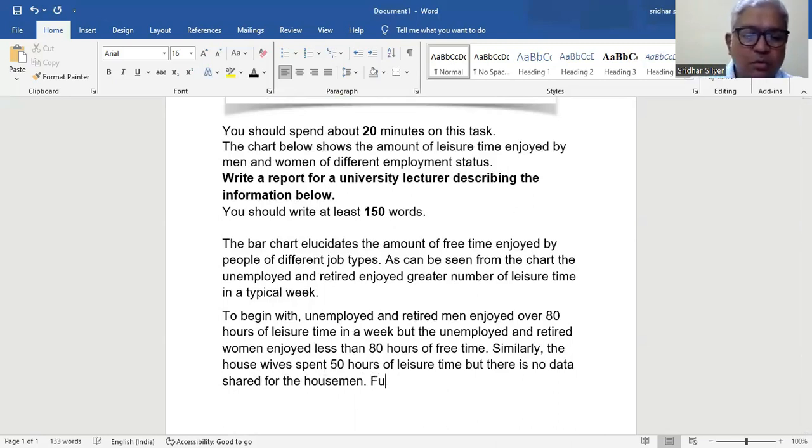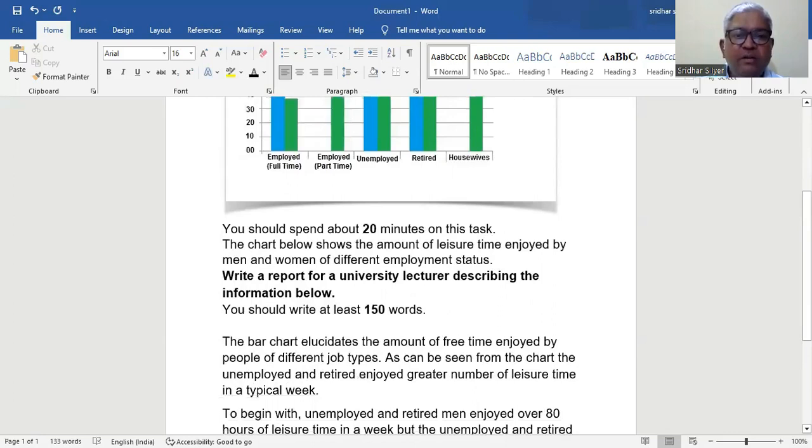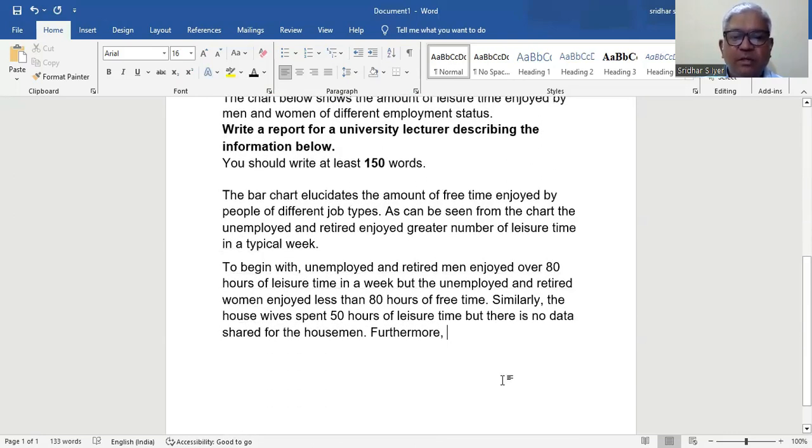Furthermore, employed full-time over 40 hours, women less than 40 hours.